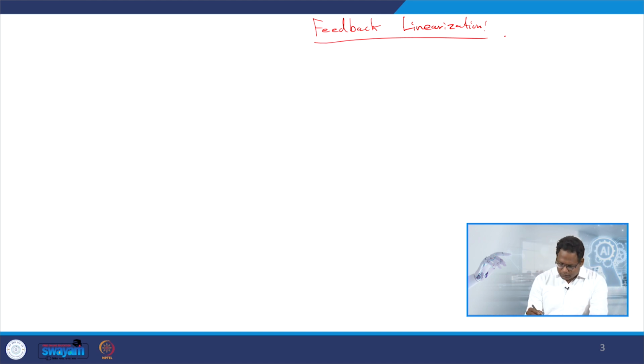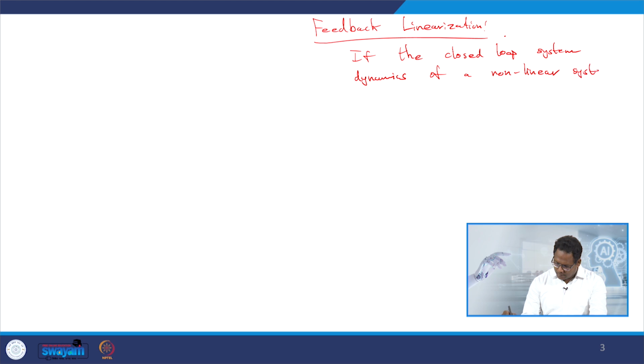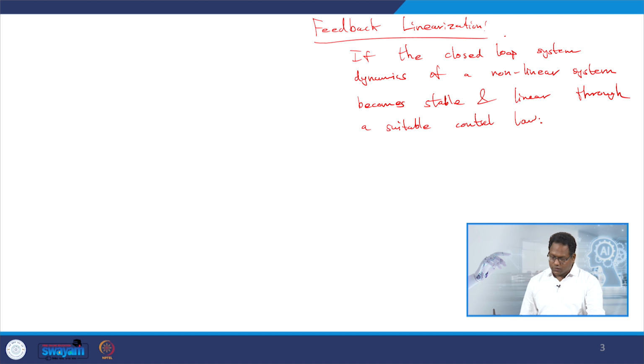It is about if the closed loop system dynamics of a non-linear system becomes stable and linear through a suitable control law, then this approach is termed as feedback linearization.